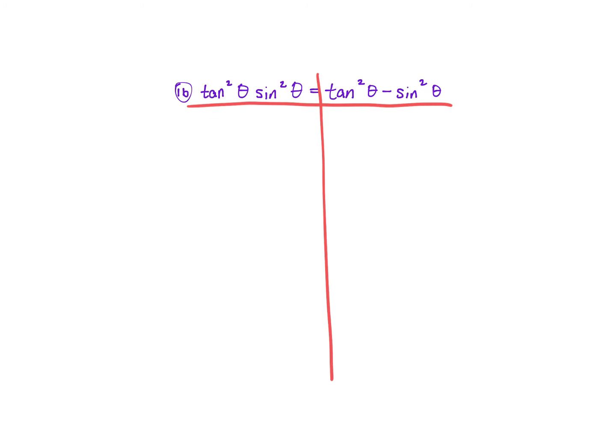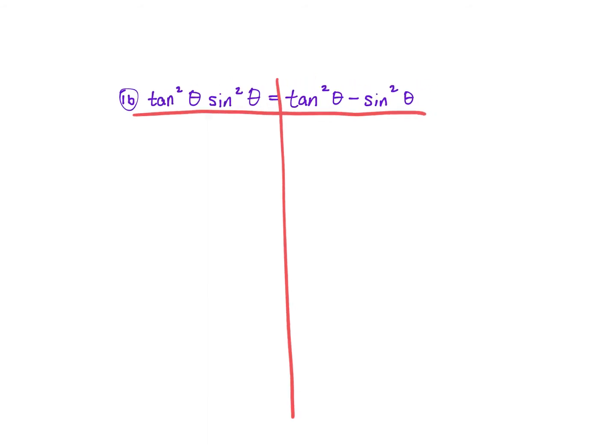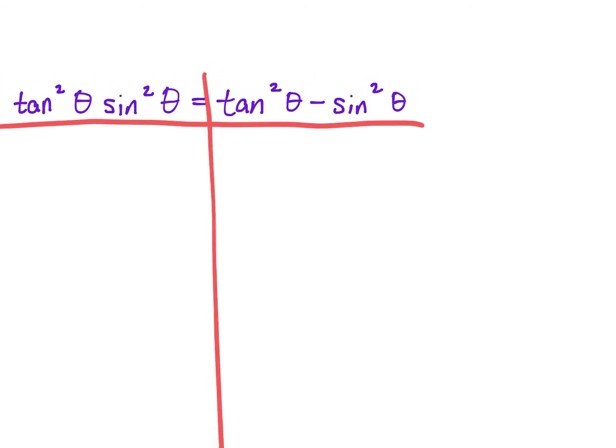Any suggestions on how I should start here? Can we work on the right side? We could do that. So switch tan squared theta to sine squared theta over cosine squared theta.